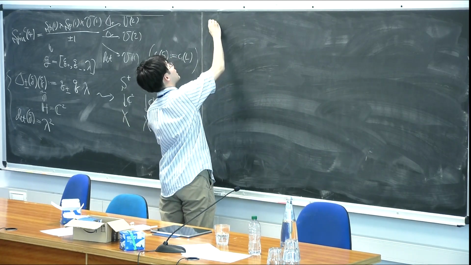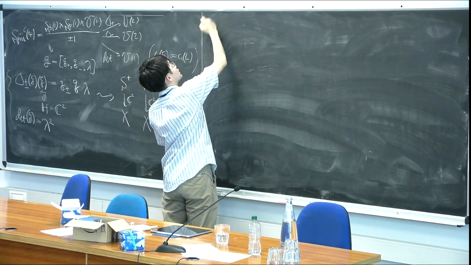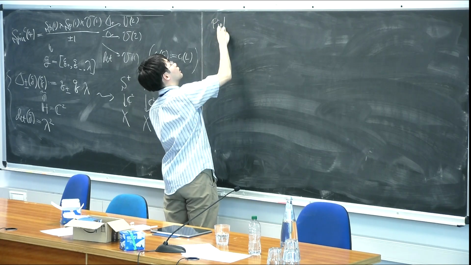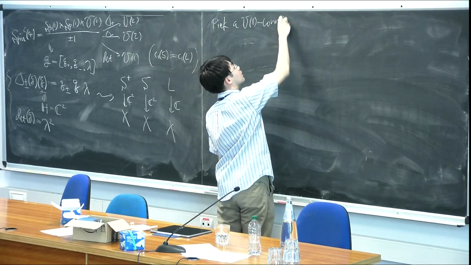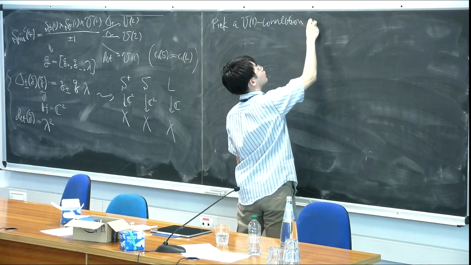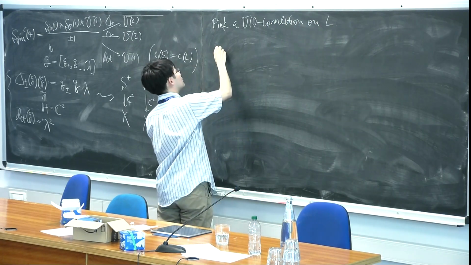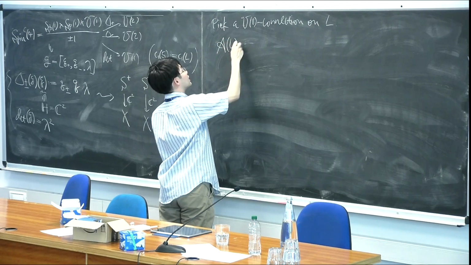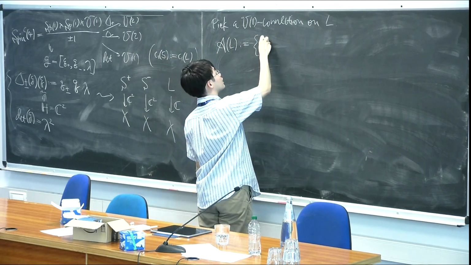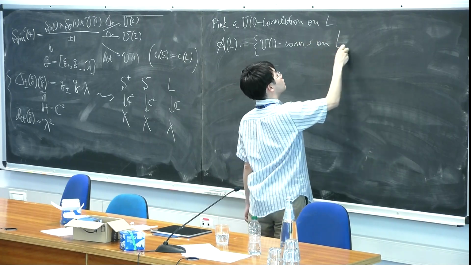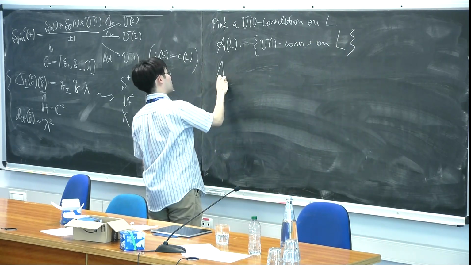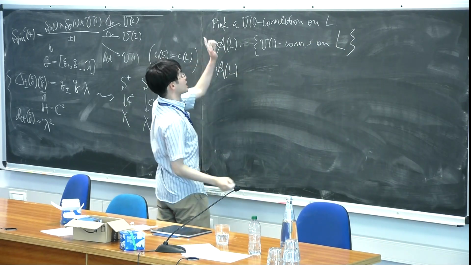And one fact about connections is that if you pick a U1 connection on the line bundle L, I will define AL to be the set of all U1 connections on L. And you have a natural correspondence once you pick a connection.